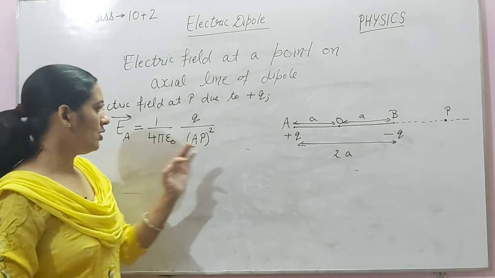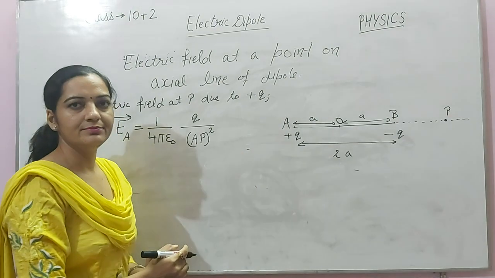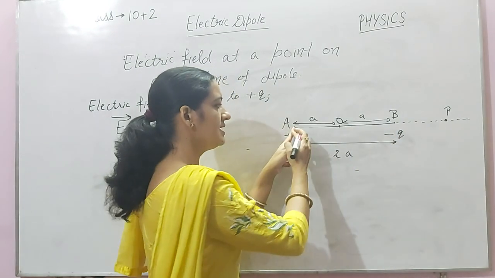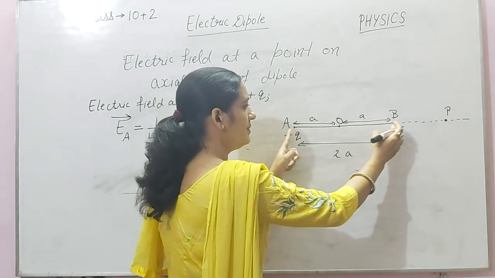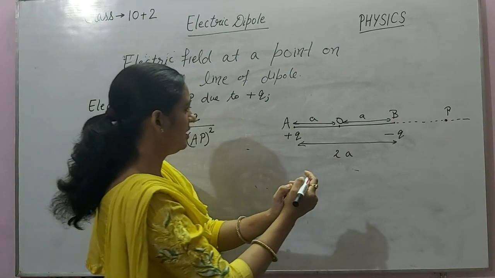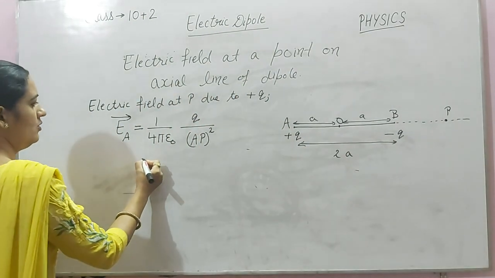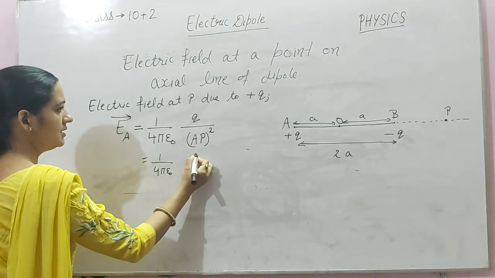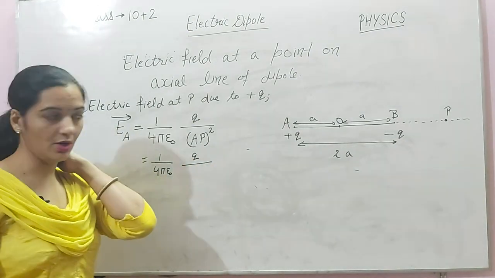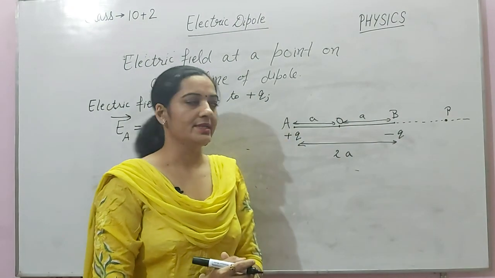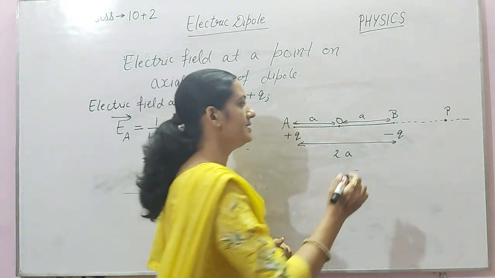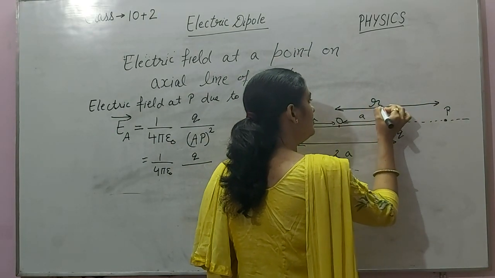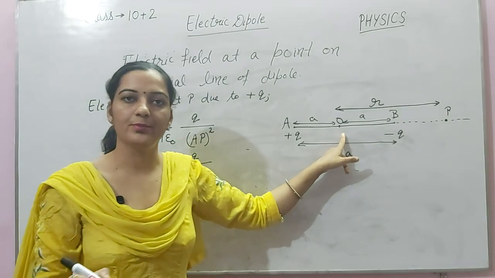Now what is the value of AP? Just see in the diagram. AP means AB plus BP. So 1 upon 4 pi epsilon naught q upon... Now what is given to us is the distance of observation point from center of dipole.